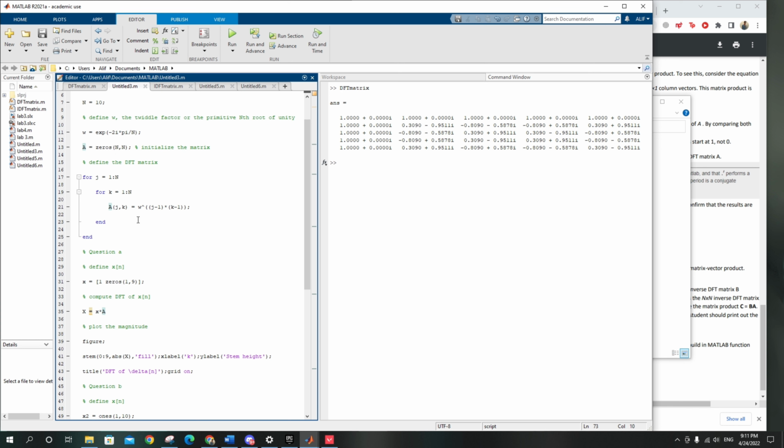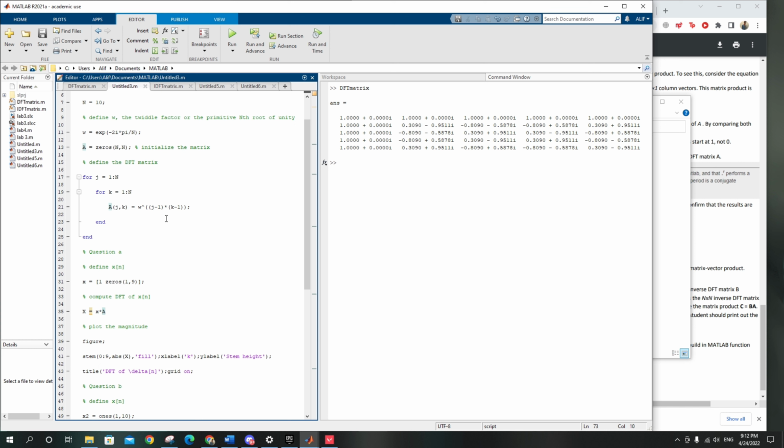For question A, the equation of xn is defined as x equal to 1, 0s, 1, 9. Then the xn equation is multiplied with the matrix A to compute the DFT of xn. After that, the magnitude of the DFT is plotted by using the figure command, while the stem command plots the discrete magnitude. After the simulation is run, the output of the DFT is a 1 times 10 matrix with all of the values equal to 1.